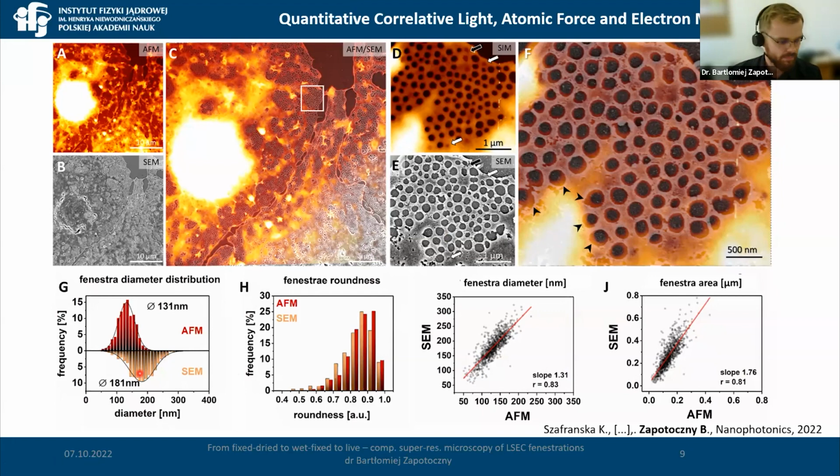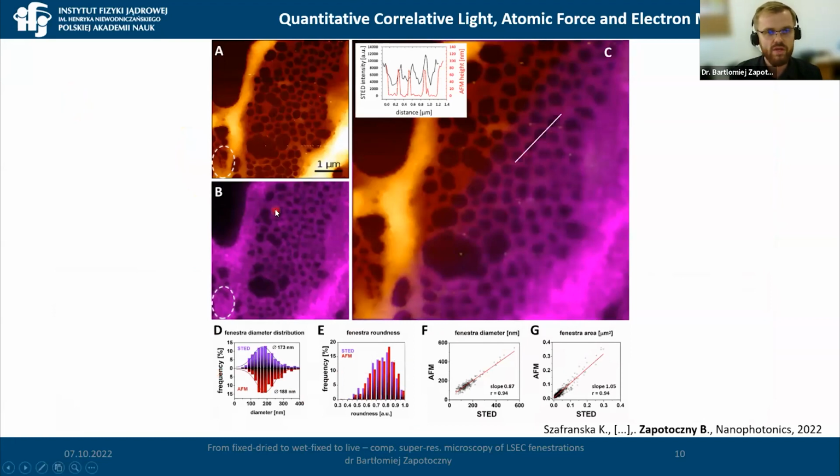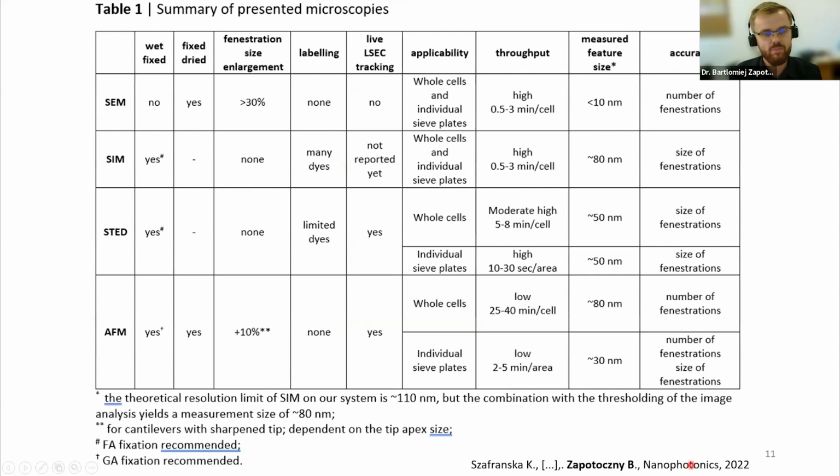So to finally prove that this is because of the drying effect, we compared 2 wet fixed methods, STED microscopy and AFM, showing that these differences disappear. In general, in our recent paper, we compare all of these techniques, showing that, of course, electron microscopy is the fastest technique, so it should be used, and also SIM, it should be used when we have those dependent effects and a lot of samples, but its resolution is not the best, or it needs additional drying that can change the size of fenestrations.